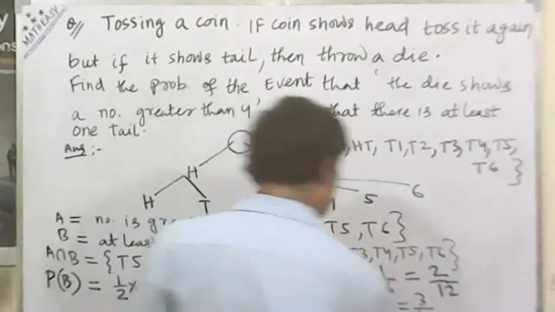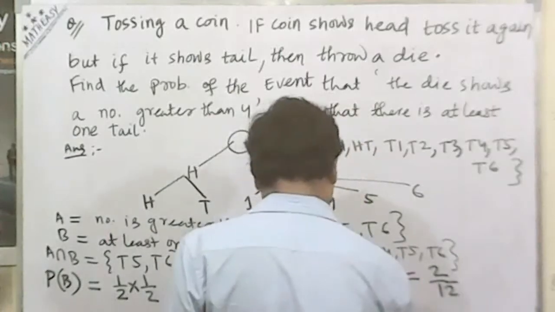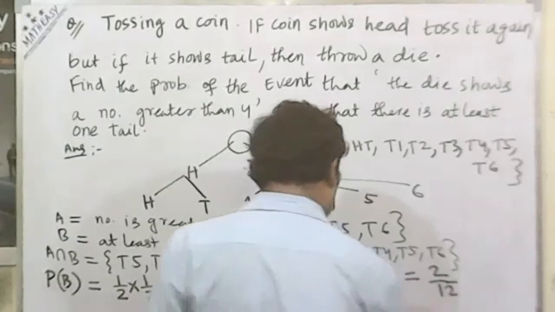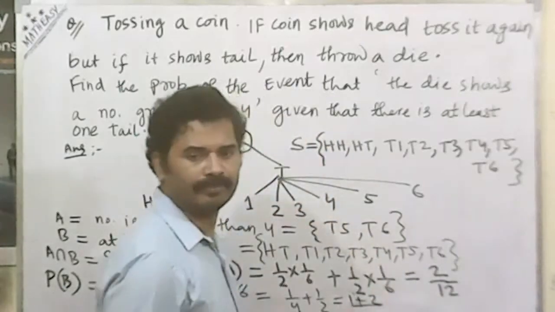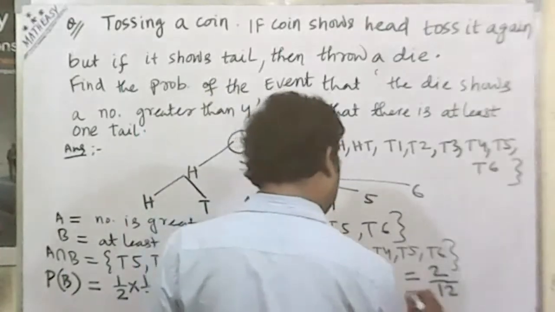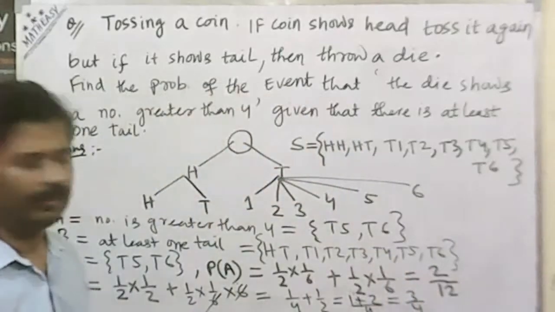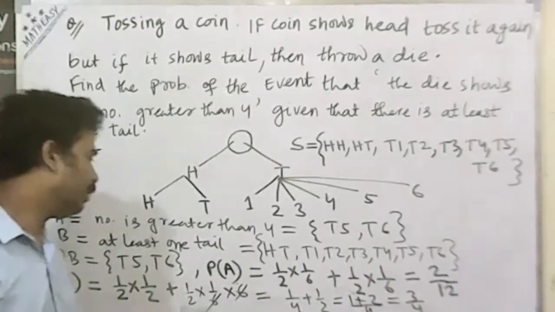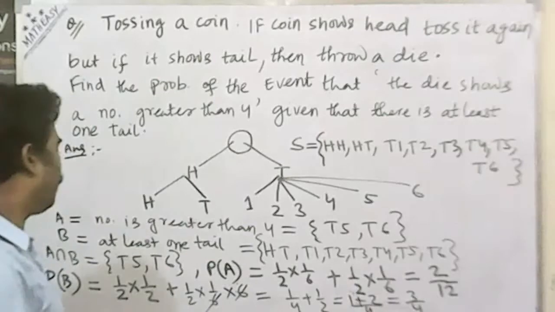So here what value comes? It is 2 plus 1 plus 2 by 4, is equal to 3 by 4. Now, probability A is found, probability B is also found.